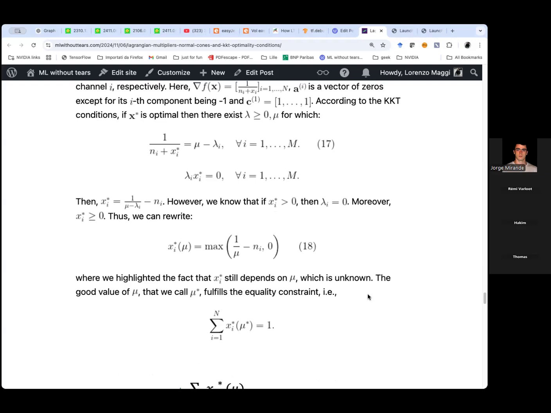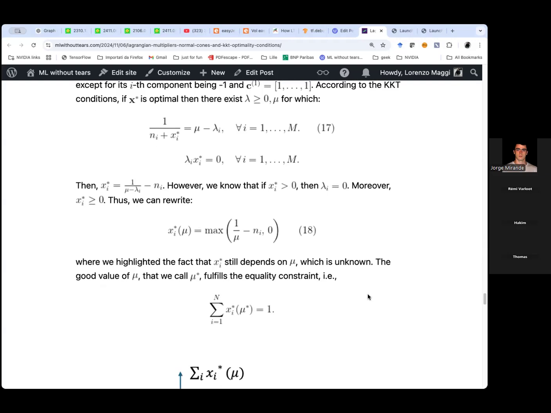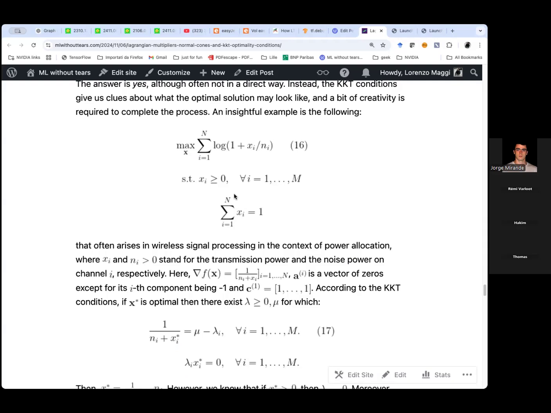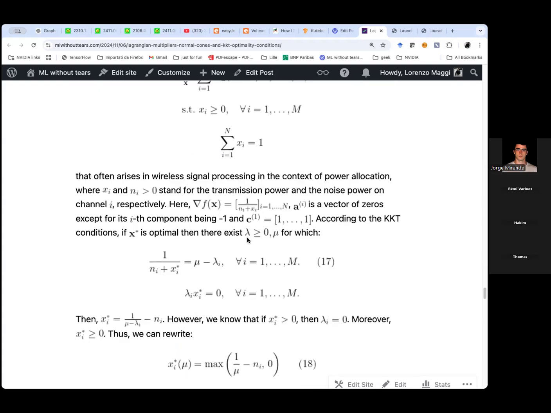Then you have to do something on top. That something on top is: how to find the mu such that this works. And we know that the sum of these xi's has to be equal to 1. So we want to find the mu such that this holds.